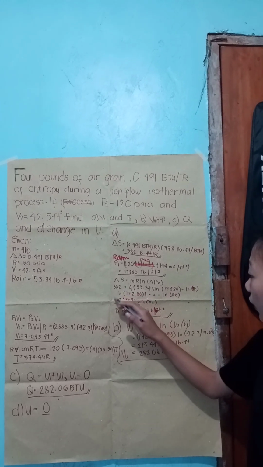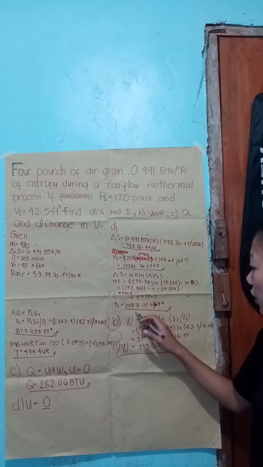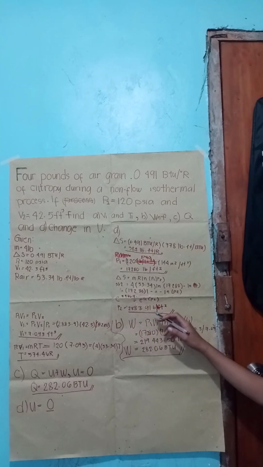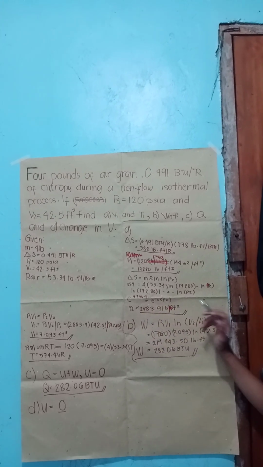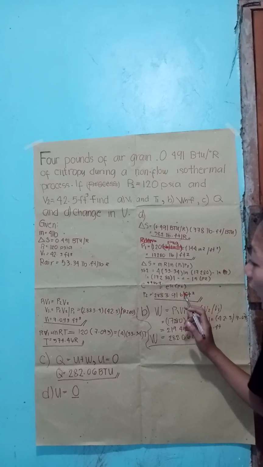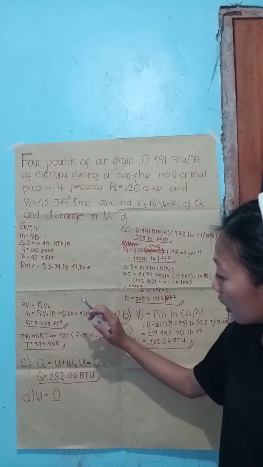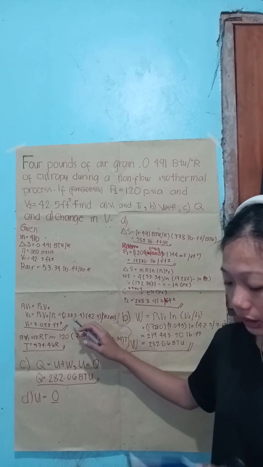So we end up with the final answer, which is 2,883.91 pounds per square feet.